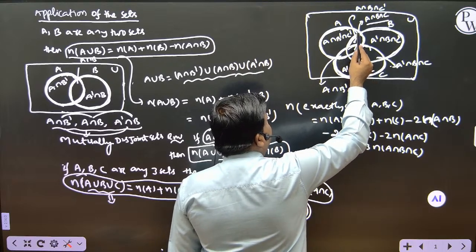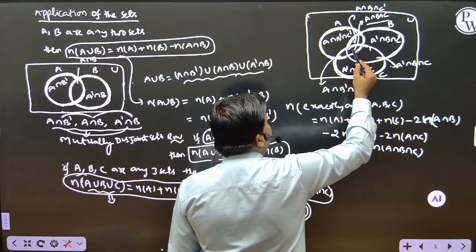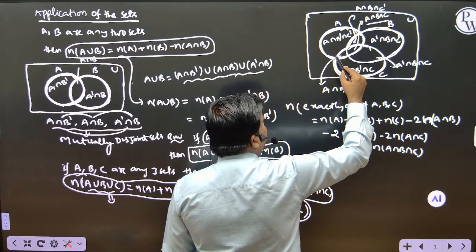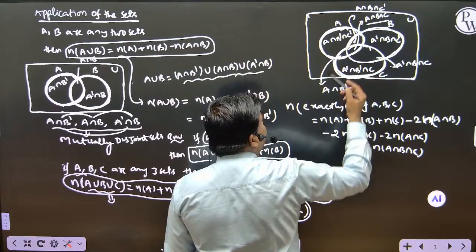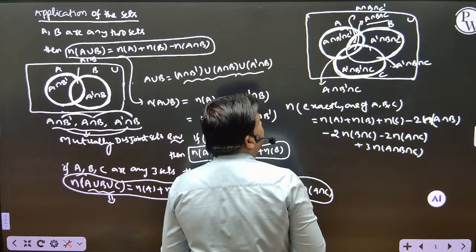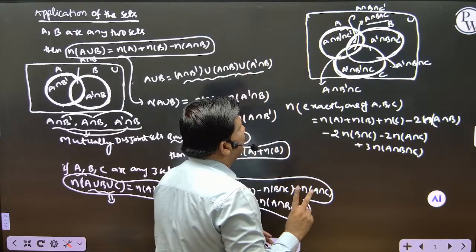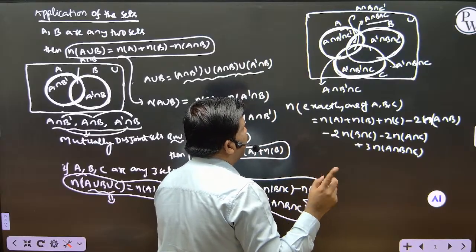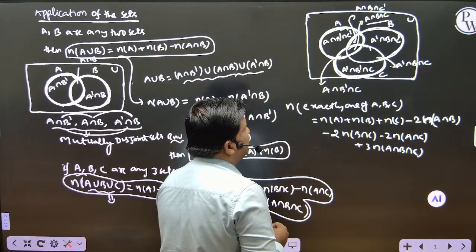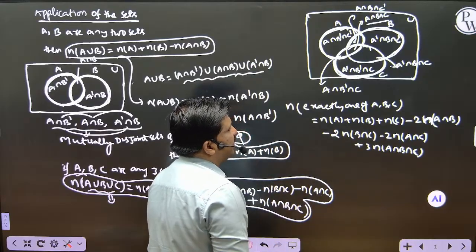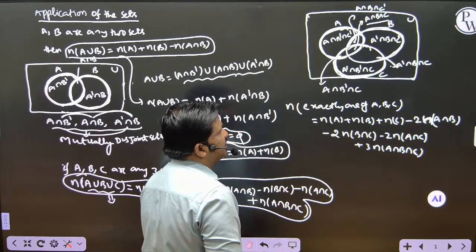Why? In a intersection b we also get a intersection b intersection c, and in a intersection c also we get a intersection b intersection c. But actually we have to delete it only one time, and here we deleted it 2 times. That's why we add one time here, n of a intersection b intersection c.